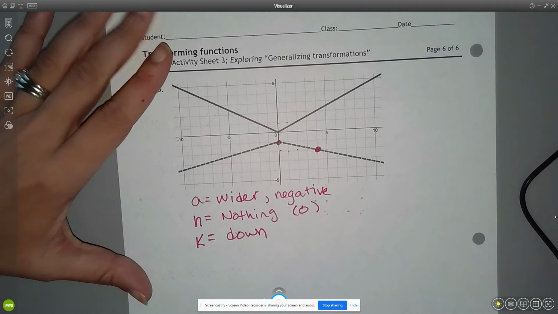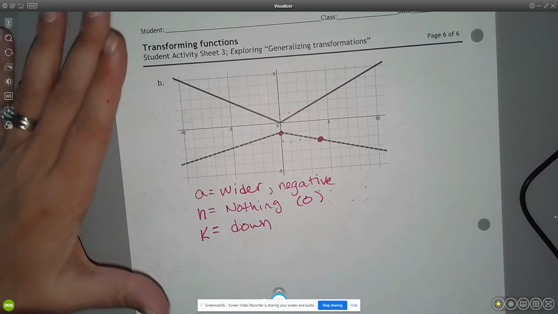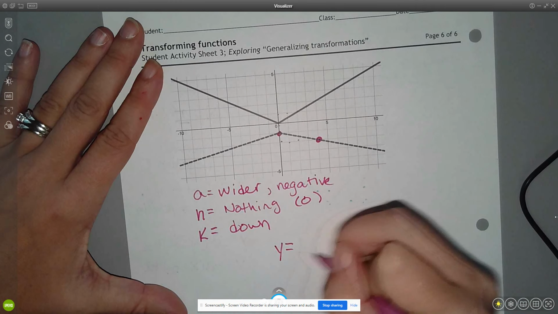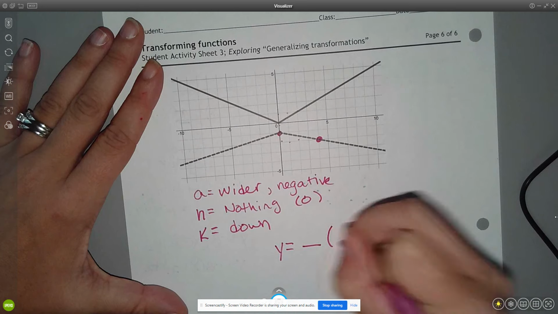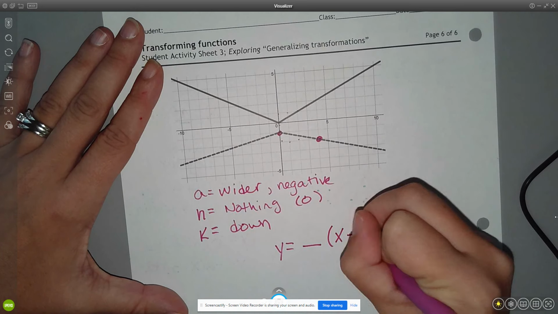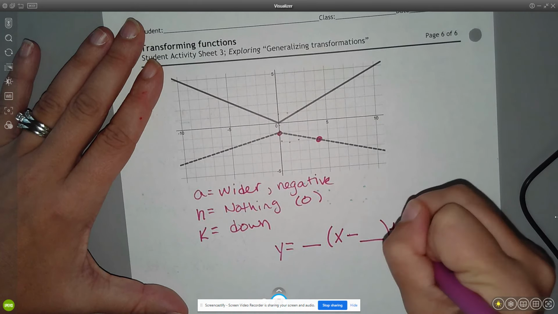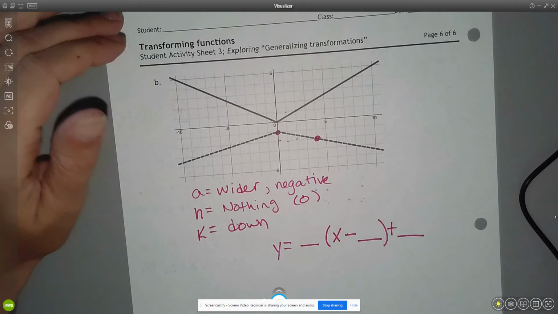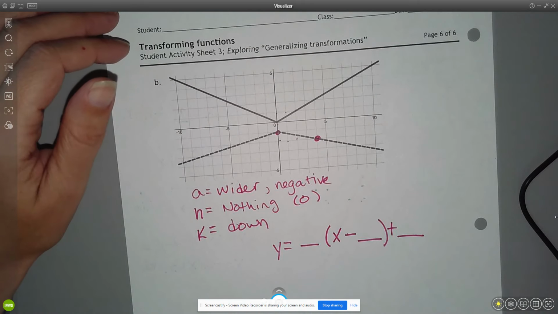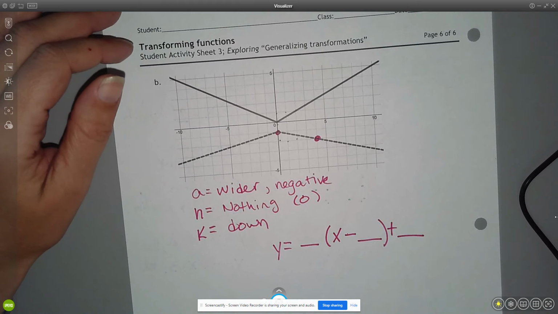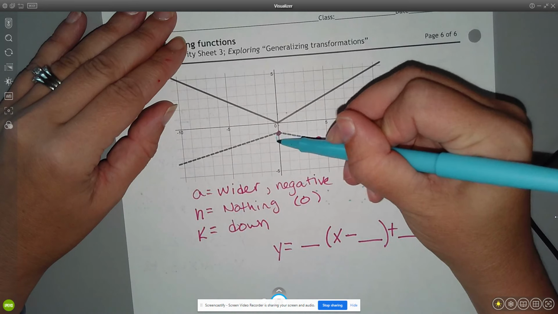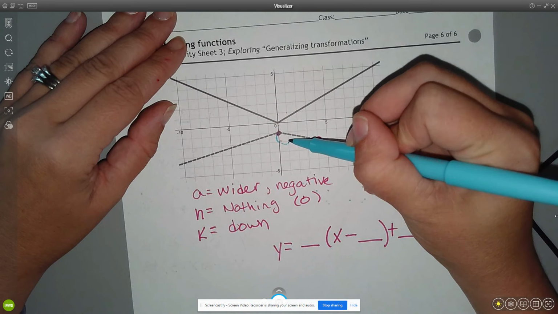Okay, so let's go ahead and plug this in. We're going to say y equals something times x minus something plus something. Filling this in, let's look at what the slope is here. It goes negative 1, 2, 3, 4.